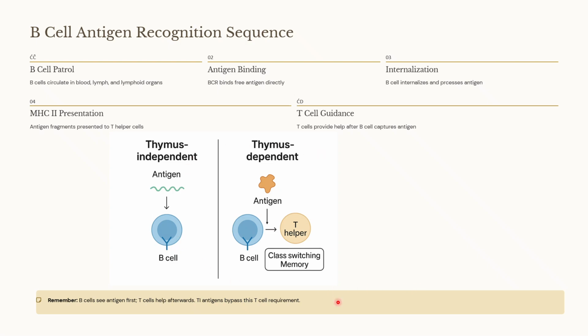So this is a small picture to emphasize. In thymus independent, the B cells produce antibodies against the antigen to neutralize it. Here we have the antigen which will activate the B cells and helper T cells, resulting in class switching, and the particular antibodies are produced.